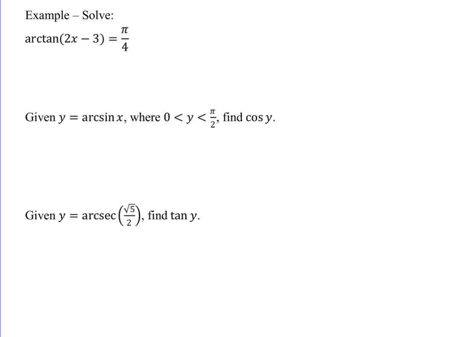arctangent of 2x minus 3 equals π/4. The question is, can we apply tangent to both sides to get rid of that arctangent? In order to do that, we have to look back and think about what our range of values for tangent is.